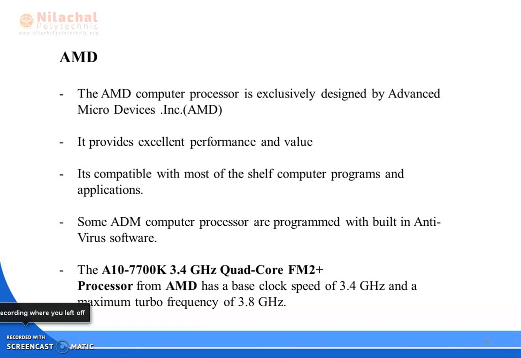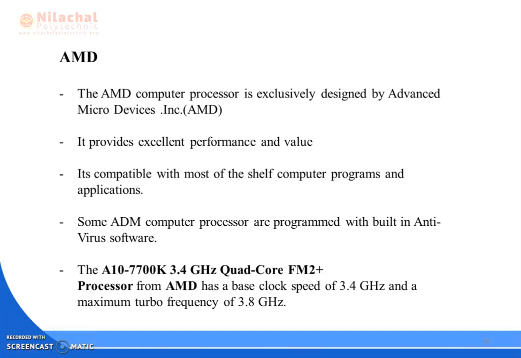It provides excellent performance for its value. It is compatible with most computer programs and applications. Some AMD computer processors are programmed with built-in antivirus software. So these are some of the features of the Advanced Micro Devices processor.